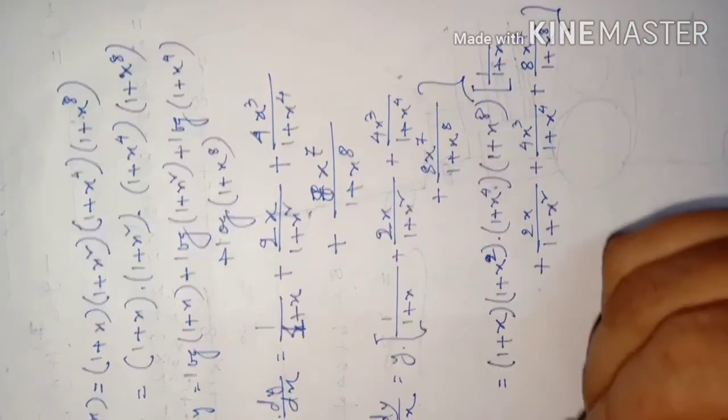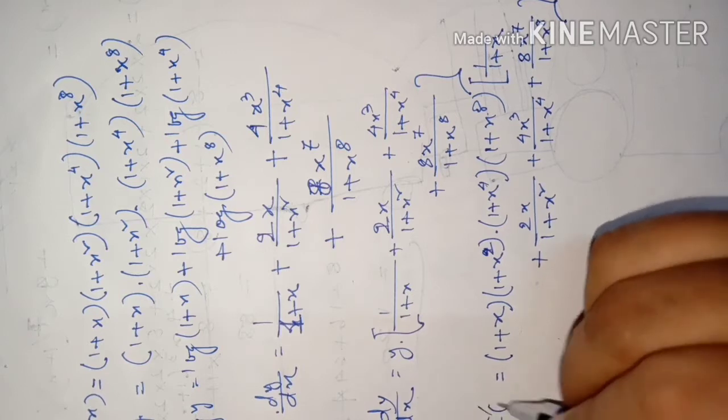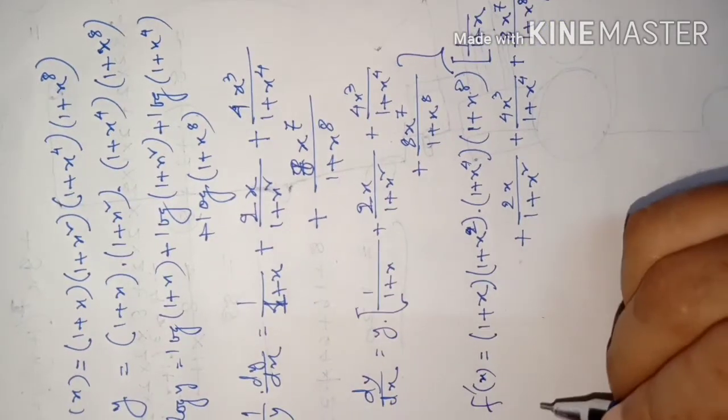So this is f dash x, because dy by dx is f dash x.